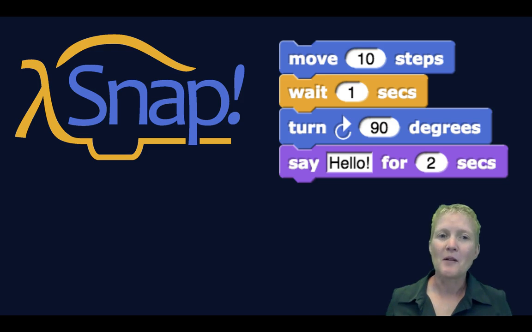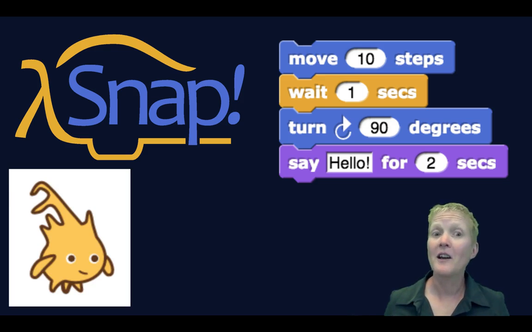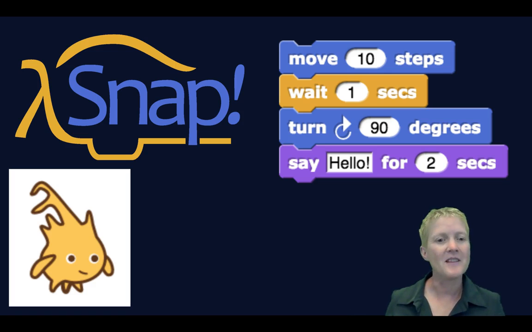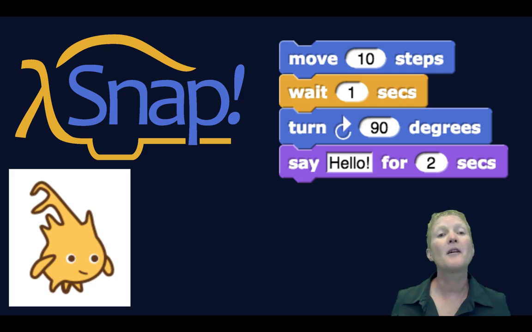SNAP is like many block-based languages in that we're going to be giving instructions for something called a sprite. Okay? You may also want to refer to this as an object. This is, I think it's Alonzo. He's the default sprite in SNAP that they designed, but we will find that there are many, many other sprites that we can give directions to that allow us to create really interesting programs that maybe represent things that we want to create.